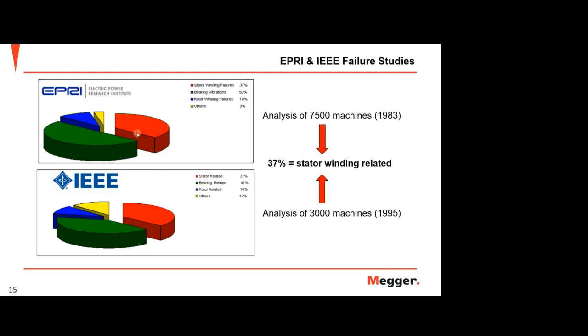Meaning the stator winding is quite influential on the cause of failure, even though bearing is number one, with 50% bearing vibration from EPRI, and here also bearing related 41%. But at least if you can do assessment to minimize stator winding problems, you can reduce your failures by around 37%, maybe more.